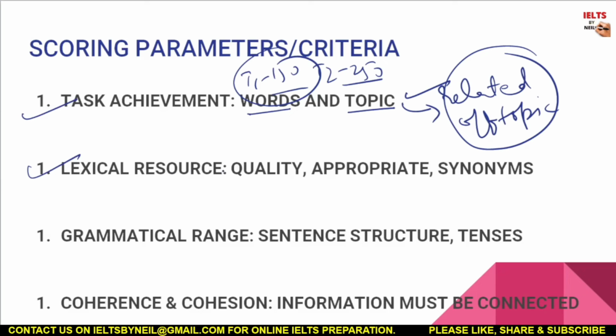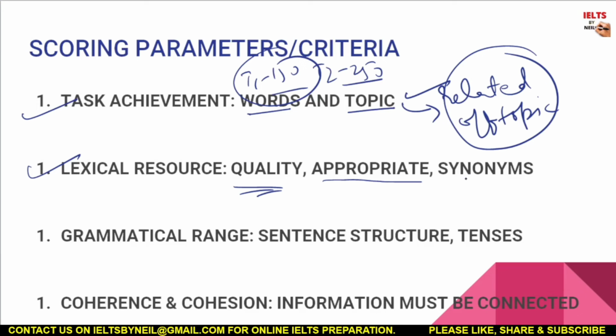Next one is lexical resource. In lexical resource, they actually check your vocabulary, the quality of your words, like are you using some different words, or are you using the everyday common words which are being used by everyone. But be very careful whenever you're using different or fancy words. You have to make sure that they are appropriate to use. It should not look as if you are forcing yourself to use the words.